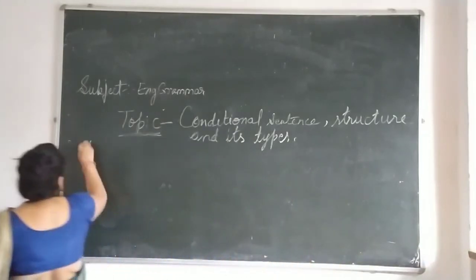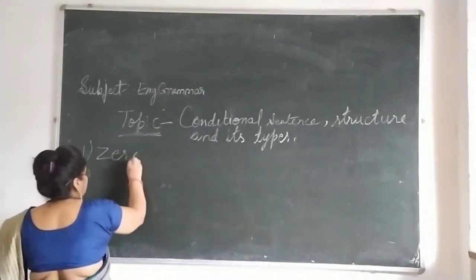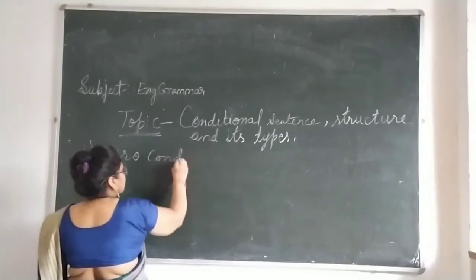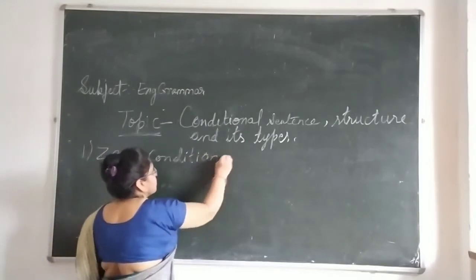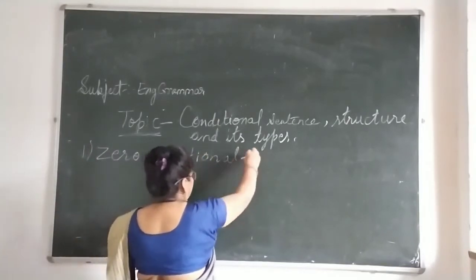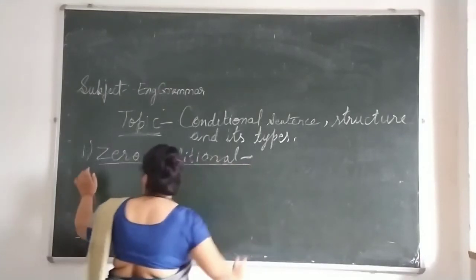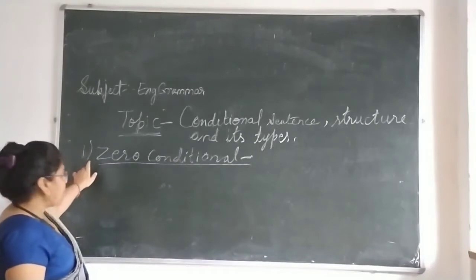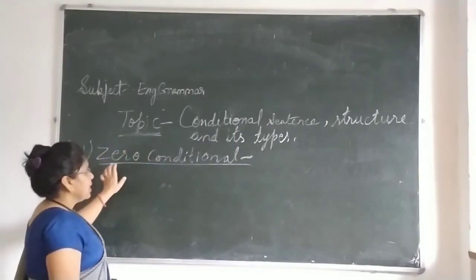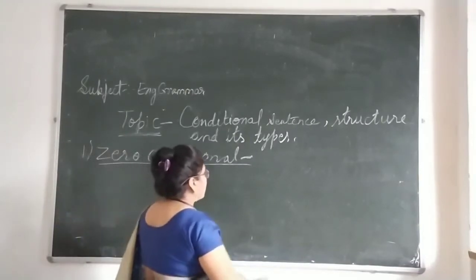Here, the first one is zero conditional. Clear? This is the zero condition. This is the first kind or type of the conditional sentence. Zero conditional means what?